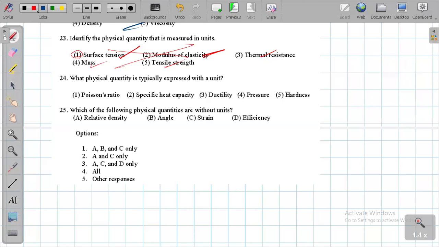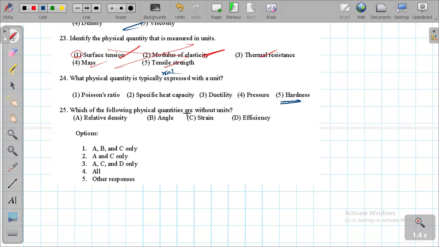Everything has units. What physical quantity is typically expressed with the unit? It should be not, because hardness is not expressed. It should come up with not.